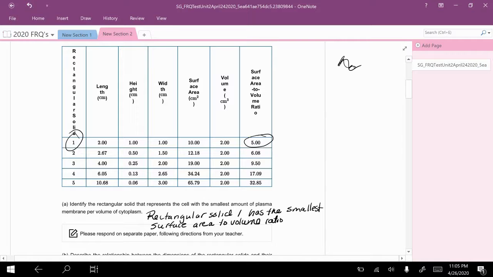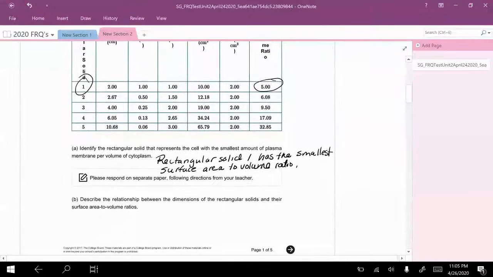So therefore, it's going to have the smallest amount of plasma membrane per volume of cytoplasm. Right, that's saying the same thing. So that is the answer to that one.